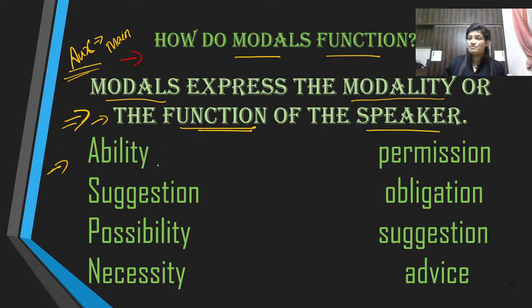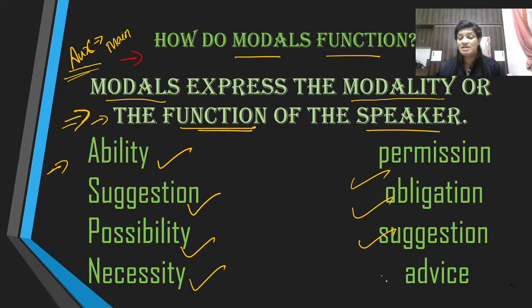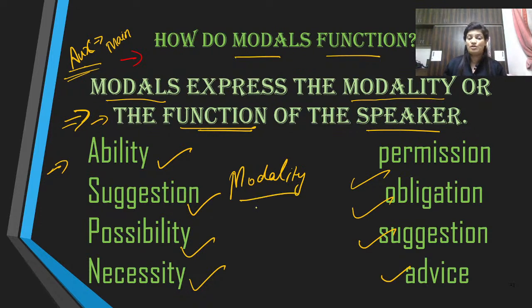And let me take you through the modals. First of all, these verbs express ability, suggestion, possibility, necessity, permission, obligation, advice, and many more. All these are called the modality of these verbs, and that is why these verbs are called modals, because they show the modality or the mode.